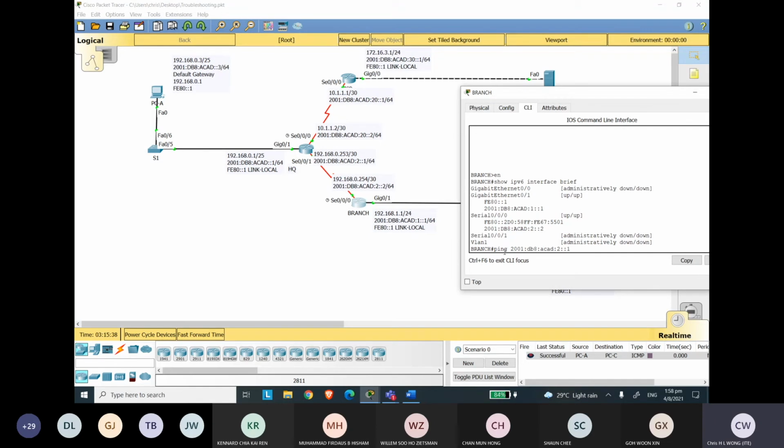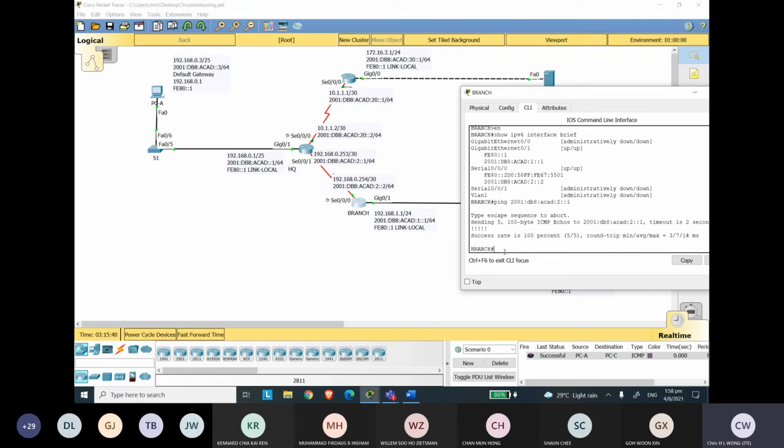Yeah, so this is your HQ router. Test 100%. Can you answer the question, please? Can you ping from the branch to the HQ router? Answer is yes.